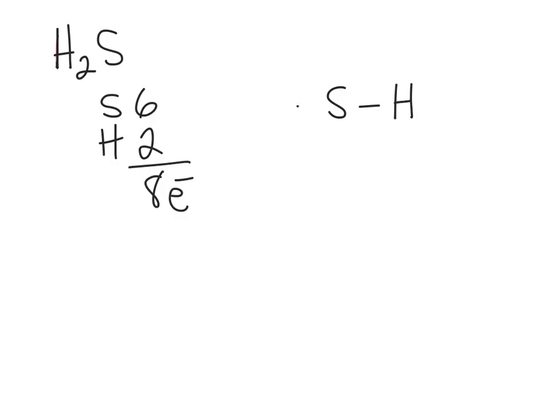Okay, so sulfur brings 6. Hydrogen brings a total of 2. We've got 8 electrons. You put in your bonds. There are no electrons to place around my terminal atoms. So we're on step 4.